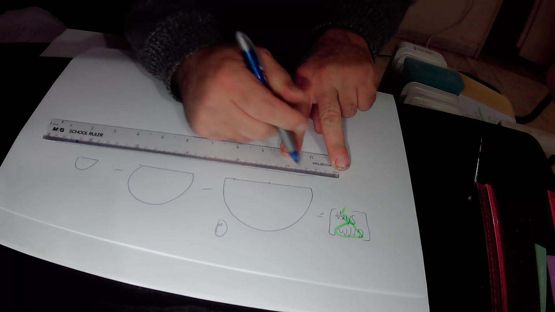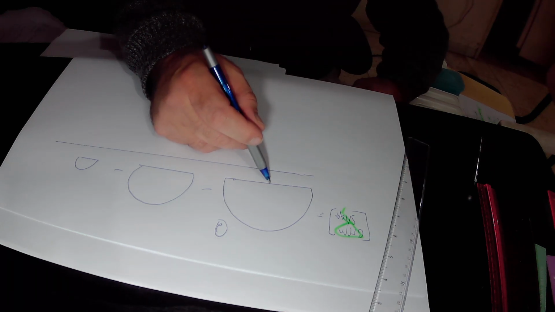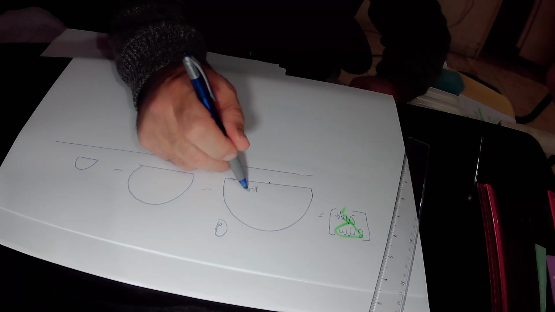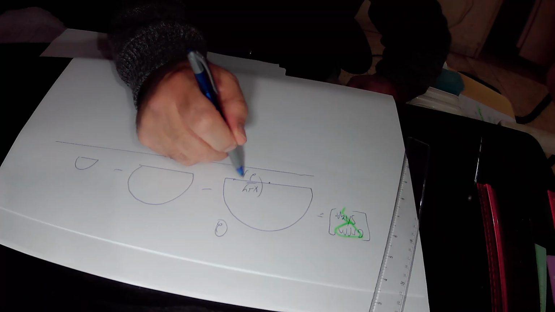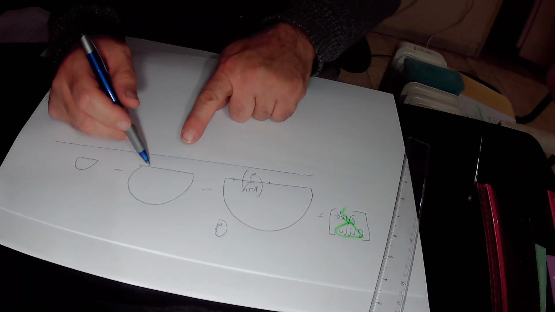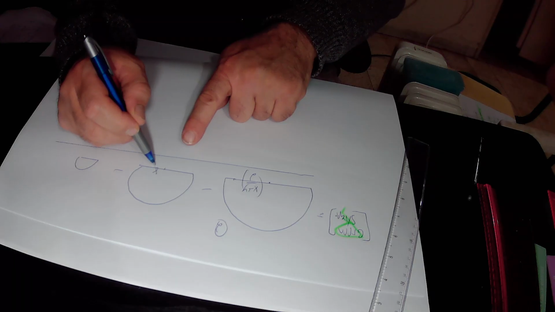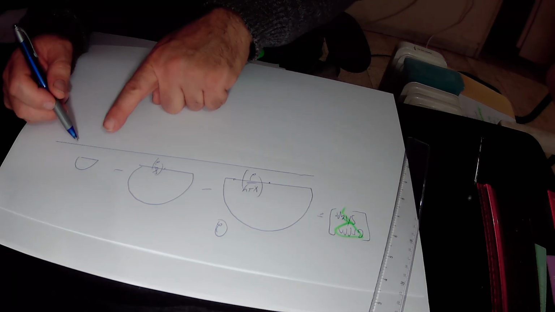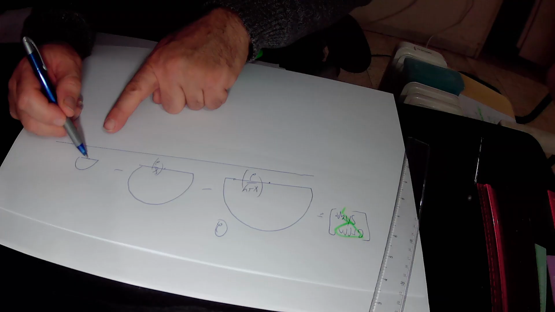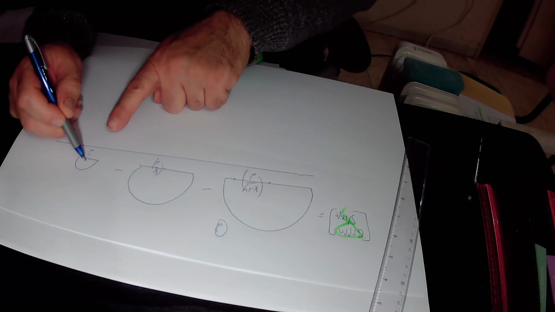We already found out that the radius of this biggest semicircle equals x plus y over 2 units in length, the radius of this medium semicircle equals x over 2 units in length, and finally, the radius of this smallest semicircle equals y over 2 units in length.